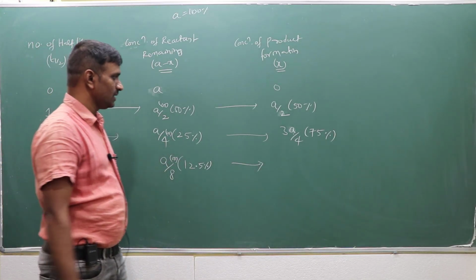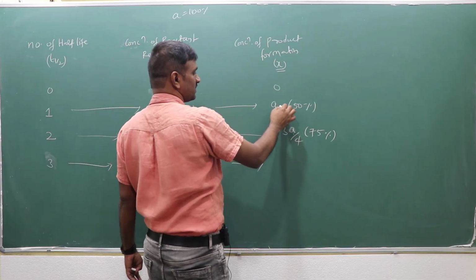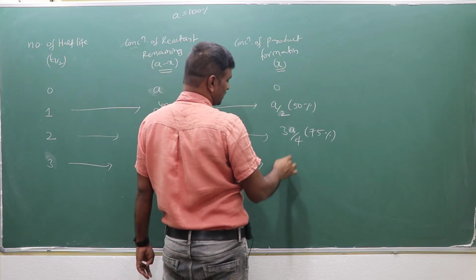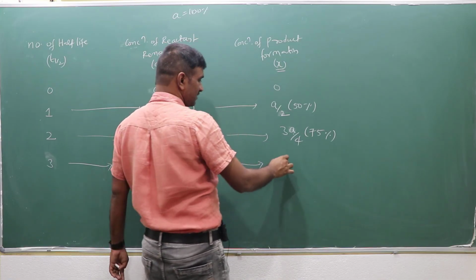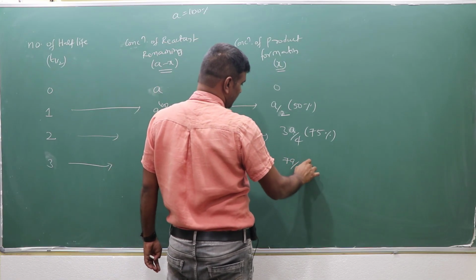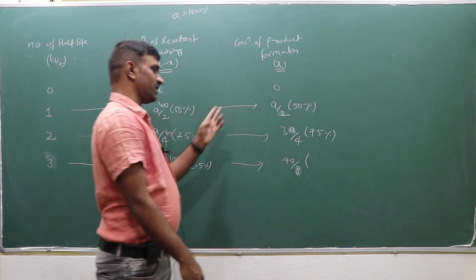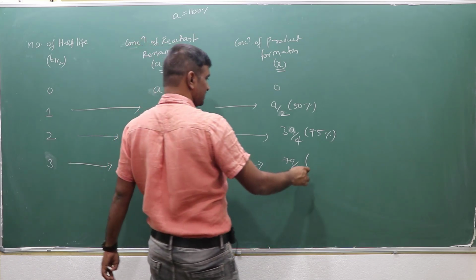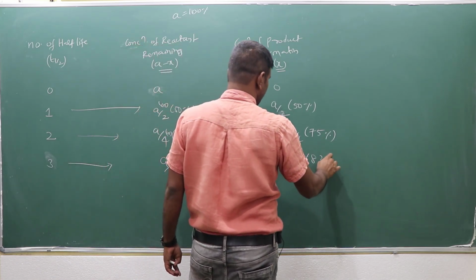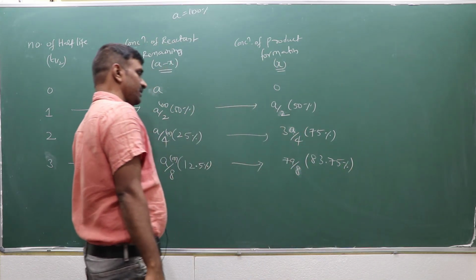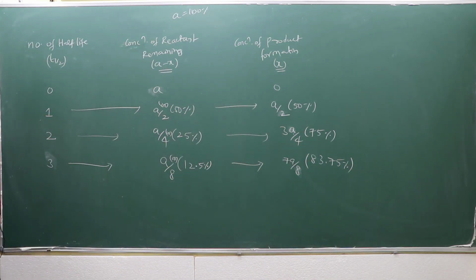Whatever it may be, you can use. So this is in percentage form. Here the product is 7A by 8. How much can we add? Again 12.5% you can add. So it is 87.5%.